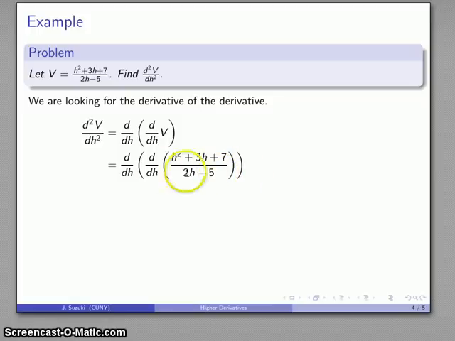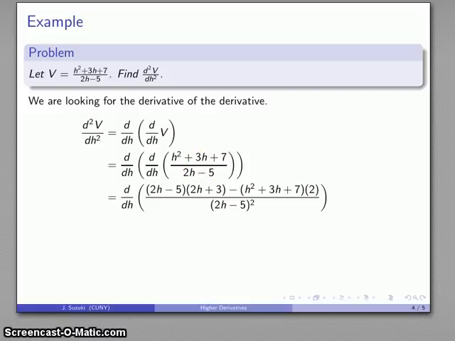The last thing you do before you evaluate this expression is to divide. So I'm looking at the derivative of a quotient, so I need to apply the quotient rule. So applying the quotient rule, bottom times derivative of top minus top times derivative of bottom, all over the square of the bottom. That's my first derivative, but I need to differentiate again.